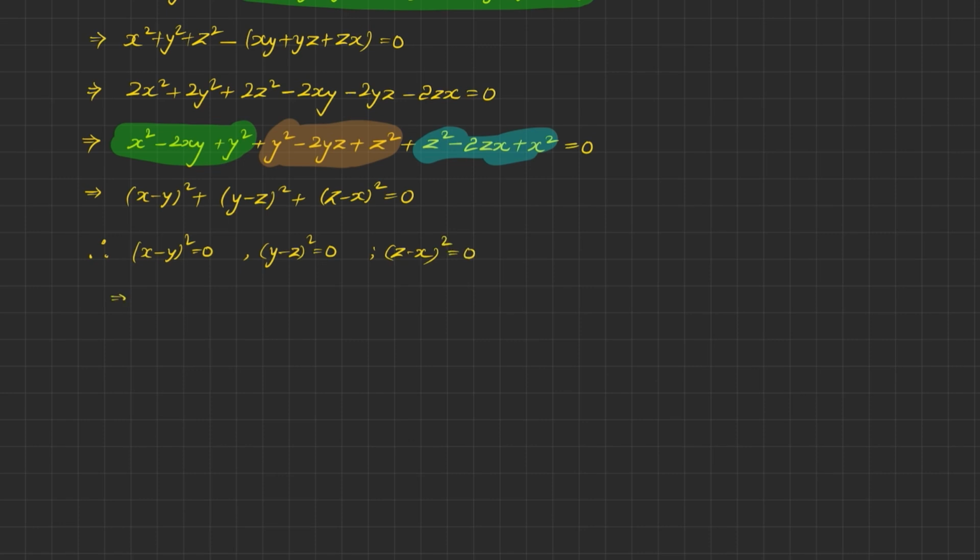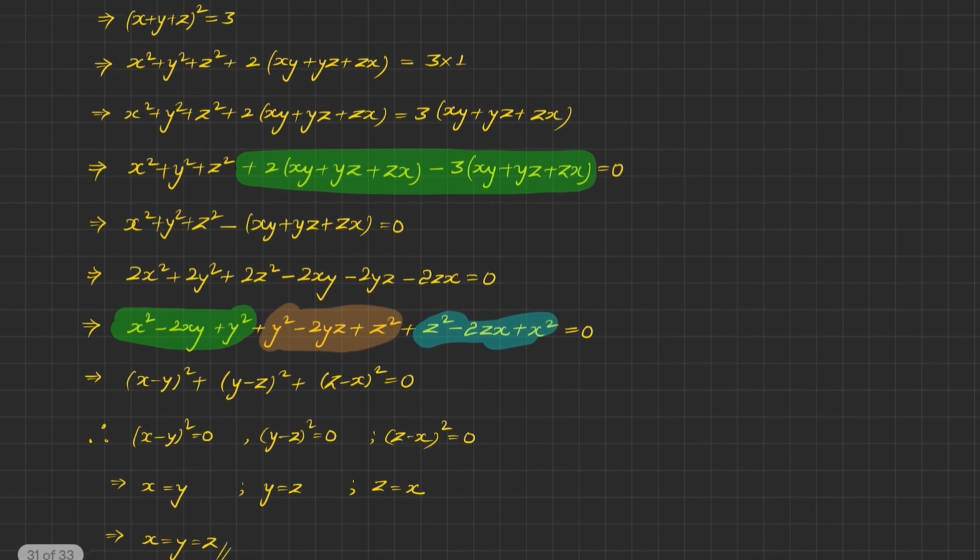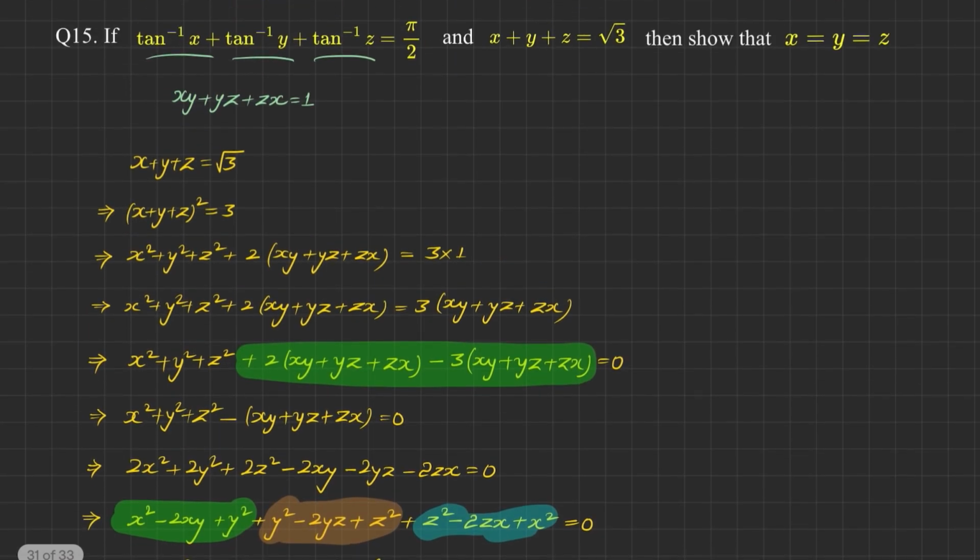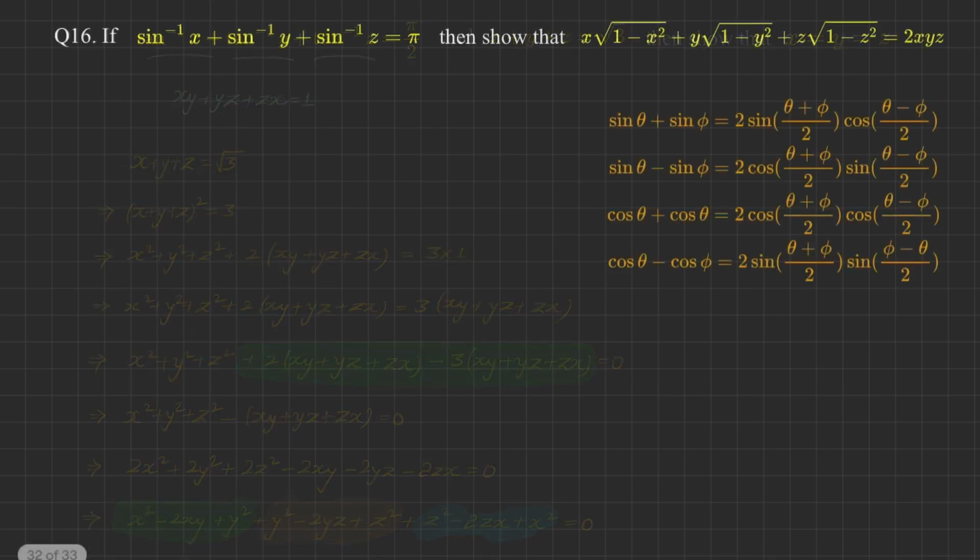So from here we will get x equals y, y equals z, and z equals x. So finally we will get x equals y equals z. The question was asking to prove that x, y and z are equal. So this was question number 15. Okay, question number 16 we have. This is the last question of this video.